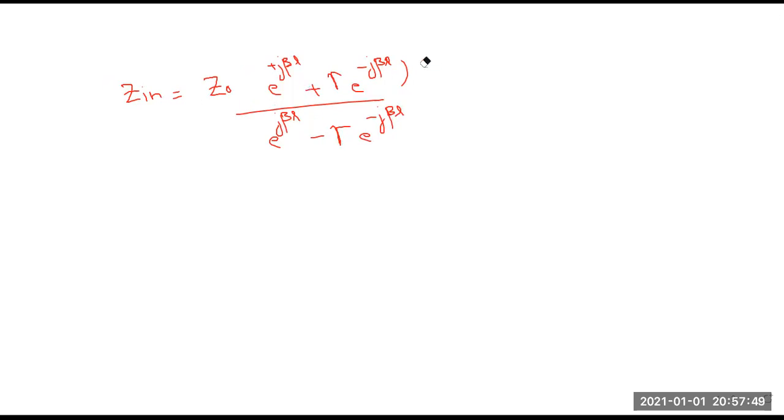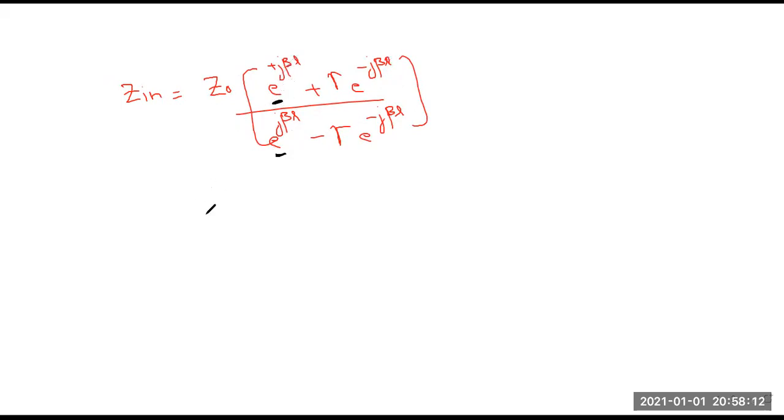This expression can be further simplified by taking this factor as common from the numerator as well as e raised to power j beta as common from the denominator. So whatever term you take out as common in the numerator and denominator, because it's the same term, it will cancel out.